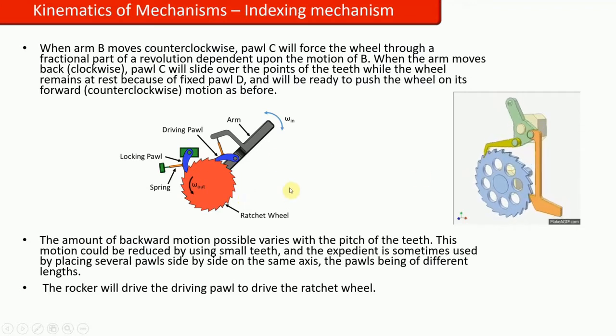In order to change the speed or the angular velocity of this ratchet wheel, we need to change the shape of the spikes, that is called the pitch of the teeth, and we use springs to make sure that the pawls are in contact with the ratchet wheel. This ratchet wheel mechanism is mostly used where we need to block the backward motion.